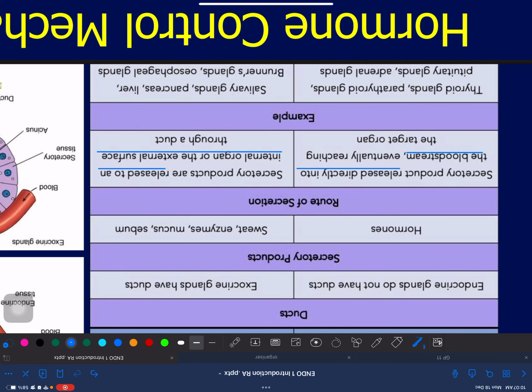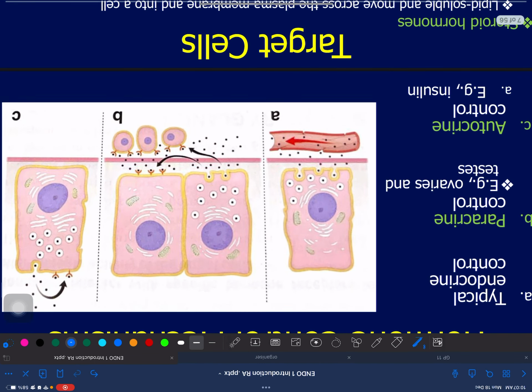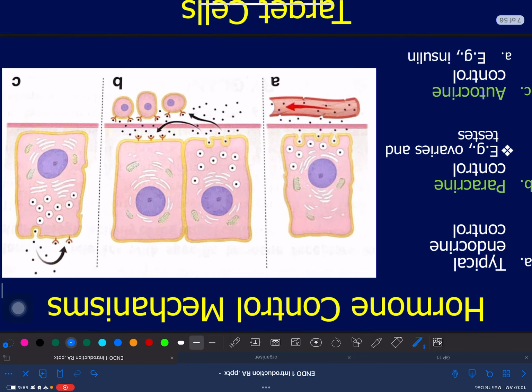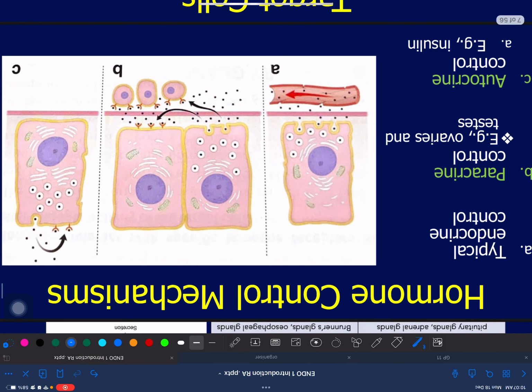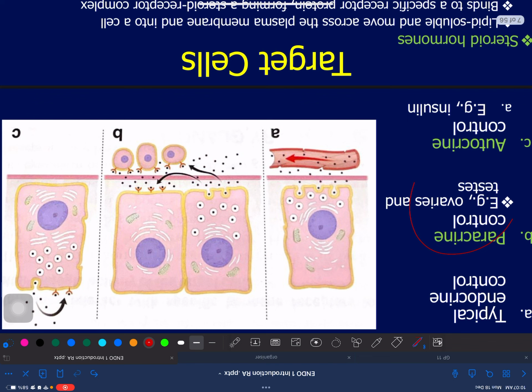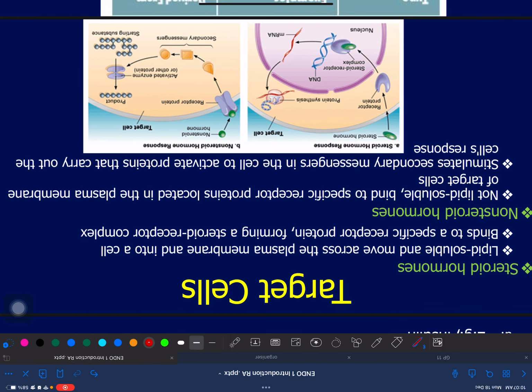Have we learned this during first year? Paracrine, autocrine? Yes. Okay. Again, this is just how the secretions of certain hormones work, paracrine or autocrine. It can be steroid or non-steroid hormones that target the cells.